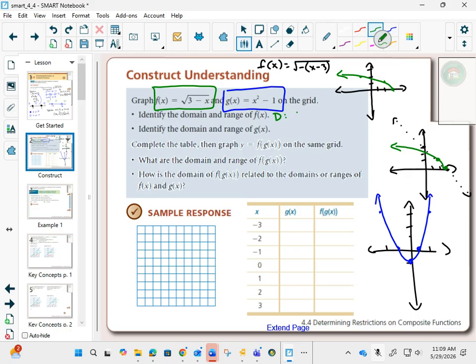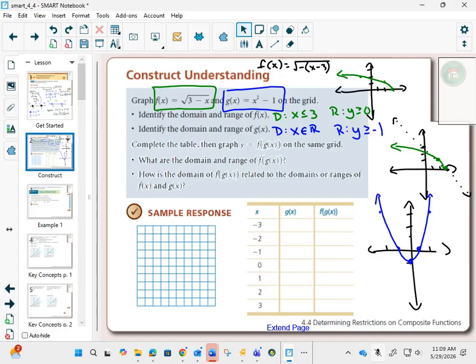Well, now that I've done it, x is less than or equal to 3. The range y is bigger than or equal to 0. For the blue graph, my domain is everything, and my range is greater than or equal to -1.